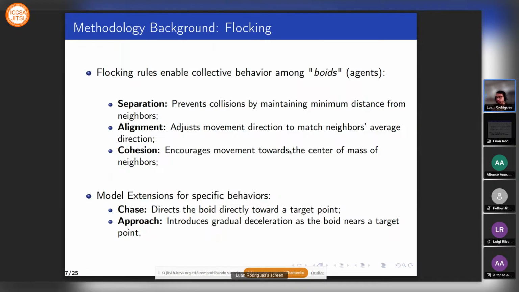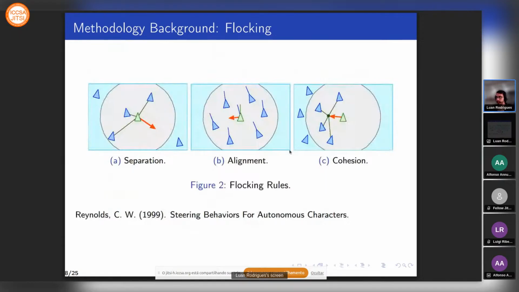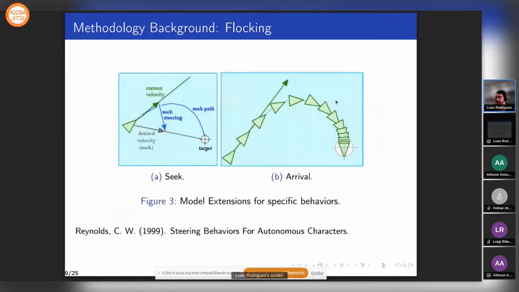And also some other extensions like chase and approach, which are responsible to direct a single boid to a target, or to approach a target, reducing the speed gradually. Here we have an example of the flocking rules: separation, cohesion, alignment, and also the model extension behaviors for a single boid.